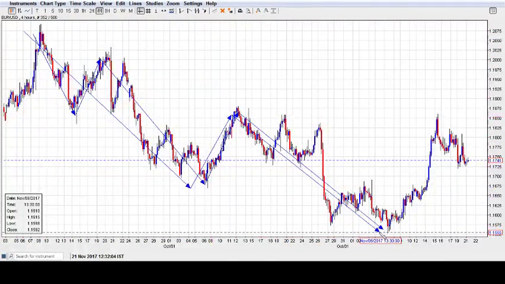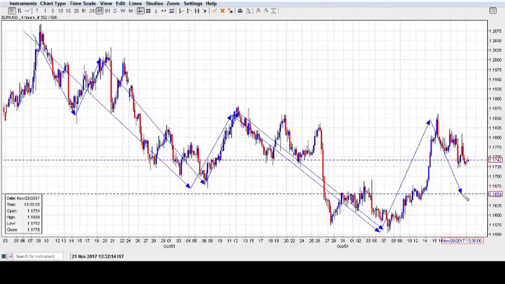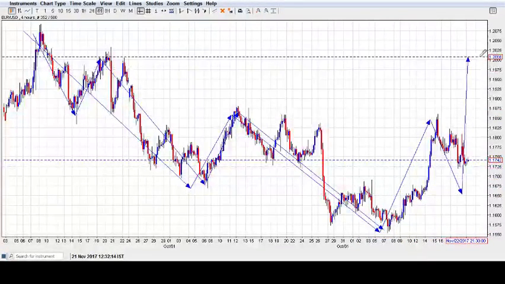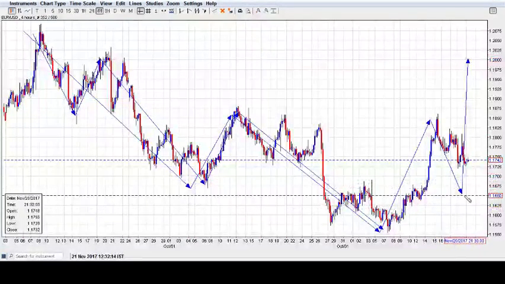It's a corrective one, and that leaves room for yet another high. The question is, where should we pick it up on the long side?